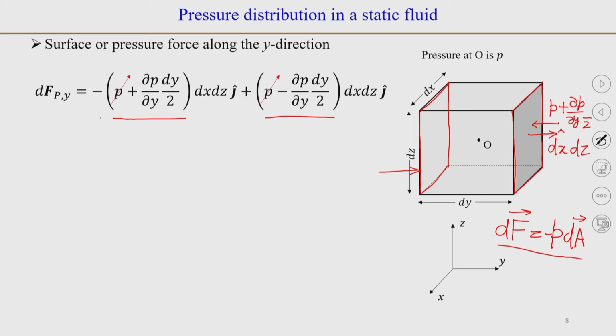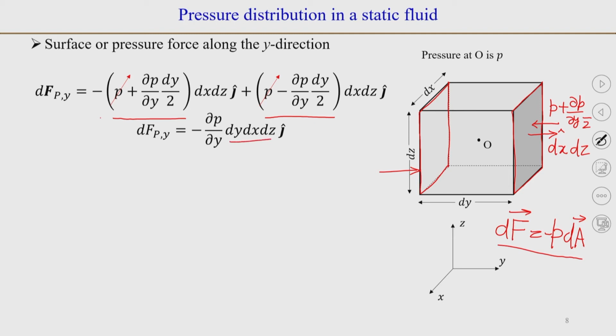So, when you sum these terms, you see that the term containing P will cancel out, and the net surface force in the y direction is minus del P by del y dx dy dz. You see that dx dy dz is the volume of this fluid element.